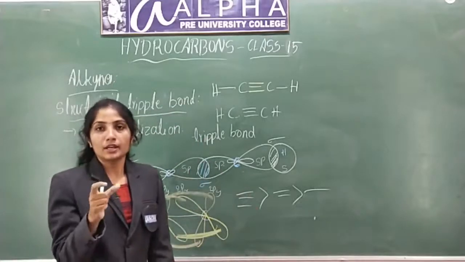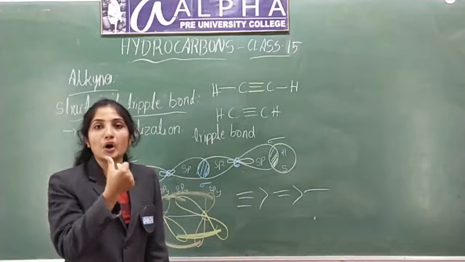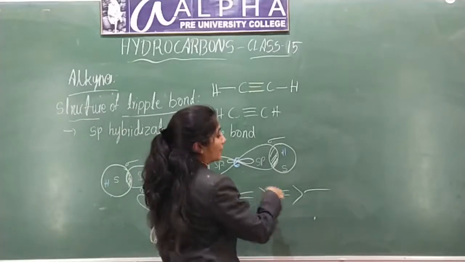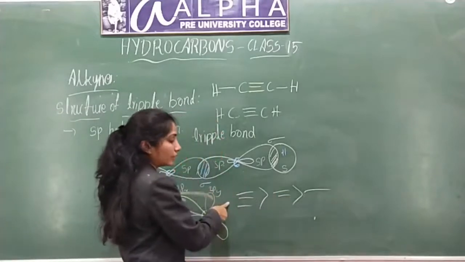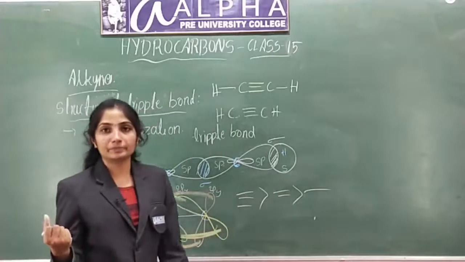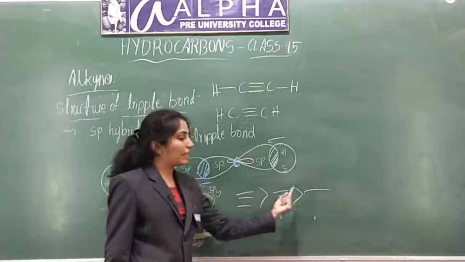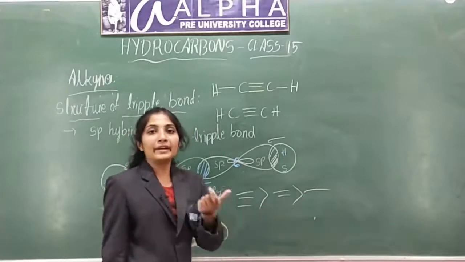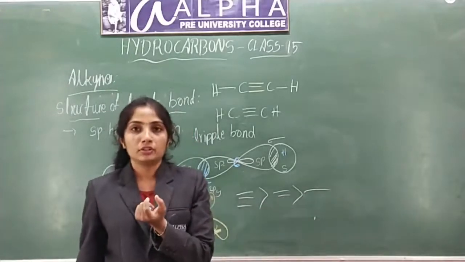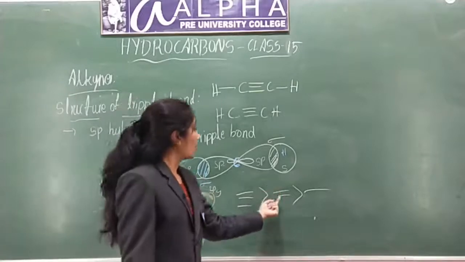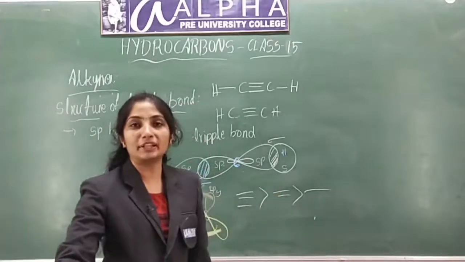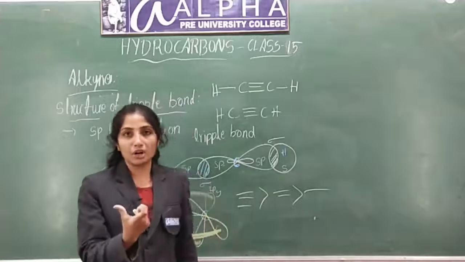The length will be shorter compared to double and single bonds. Strength will be greater. It has more strength than double and single bonds, and it is also shorter than double and single bonds.